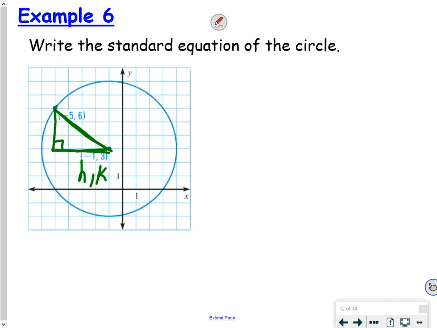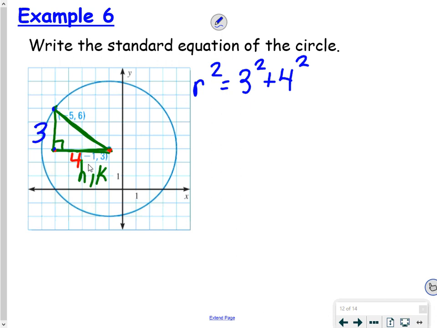The difference between the x coordinates right here is just 4. We can count that right on the picture. The difference between the y coordinates right here would be 3. So r squared is just going to be 3 squared plus 4 squared. Note that all we need in the equation is r squared. We don't need r. It's not like we need to solve for r in this case.